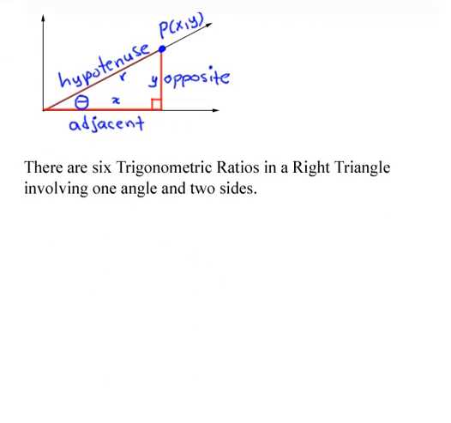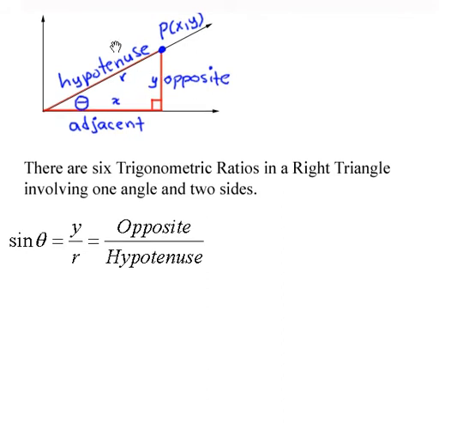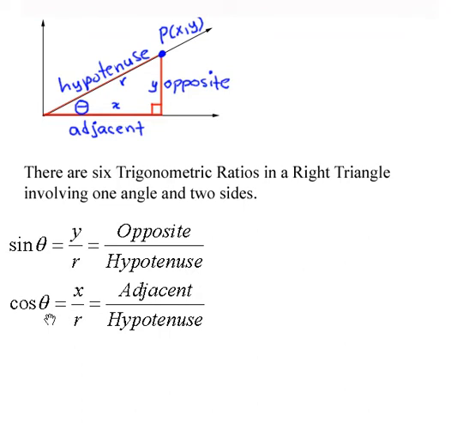So what we need to do is to learn those 6 trigonometric ratios. With one angle and two sides, if we take the ratio that puts the opposite side over the hypotenuse, which is y over the radius, that's called the sine function.